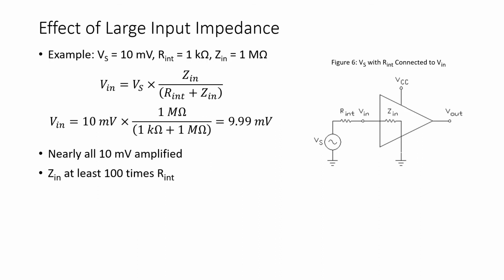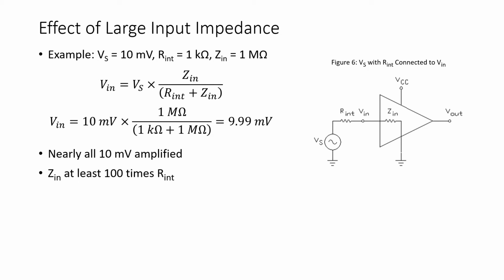Looking at Figure 6 again, here is an example of an amplifier with a signal source, Vs, connected to R internal and an input impedance to the amplifier. Again, R internal and Zin comprise a series voltage divider.